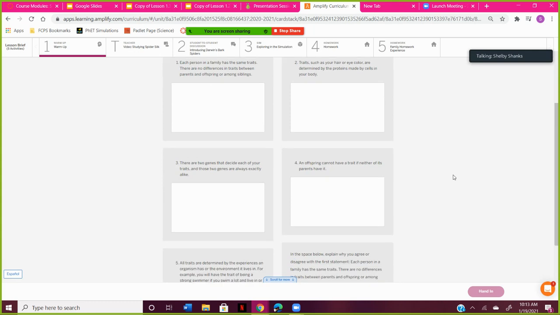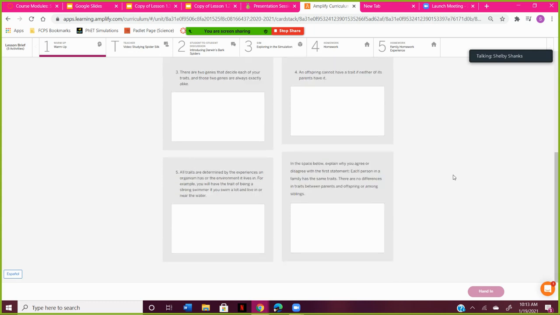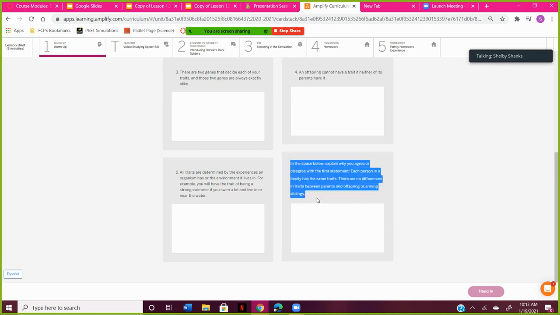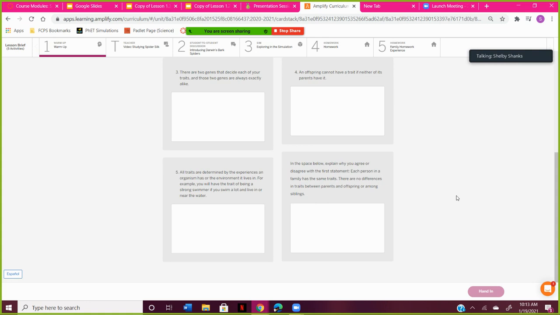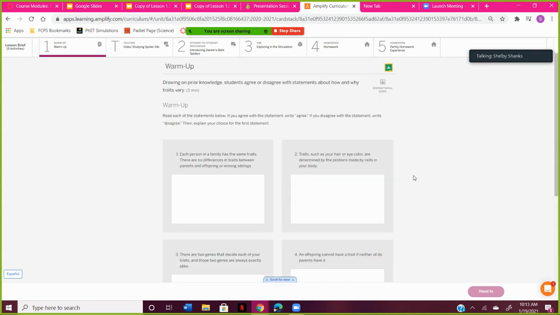You're going to read each of these statements. There are 5 statements, and at the very bottom right it almost looks like a 6th one. It says in the space below, explain why you agree or disagree with the first statement. All you're putting in the others is whether you agree or disagree. If you agree with the first statement, you put agree.